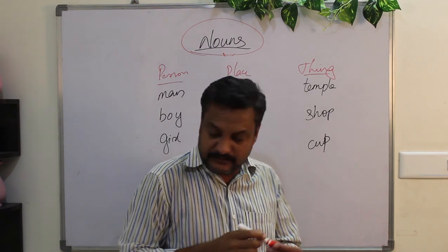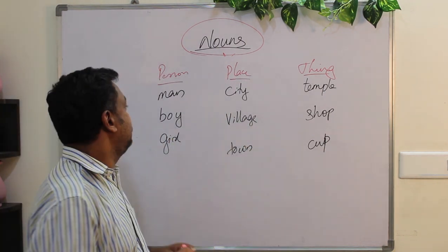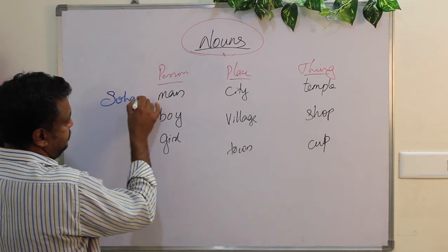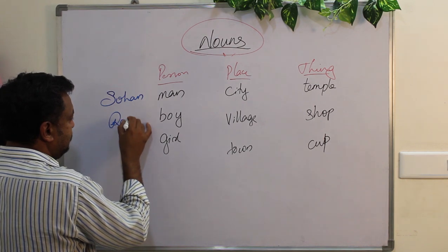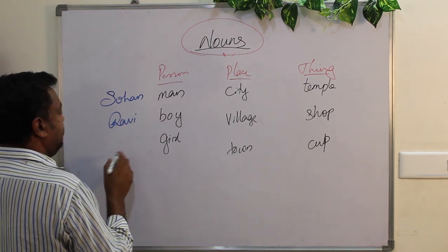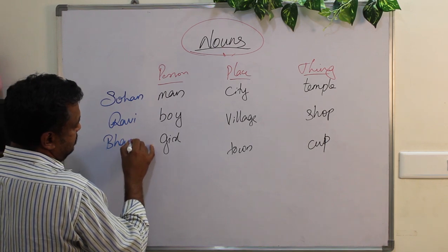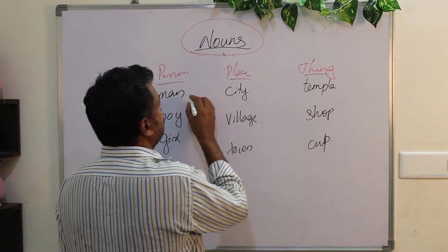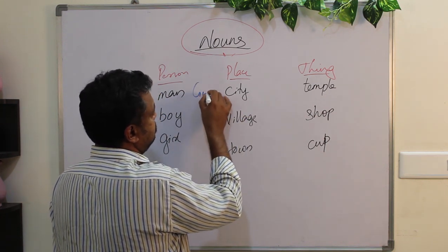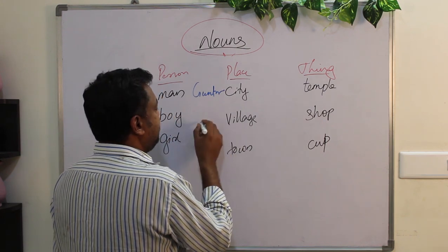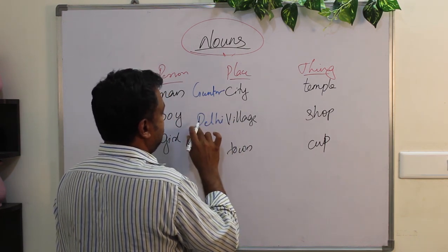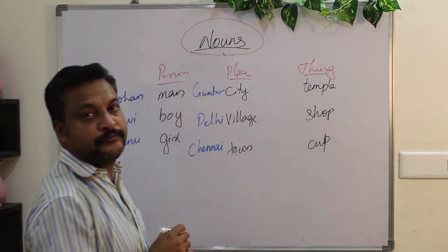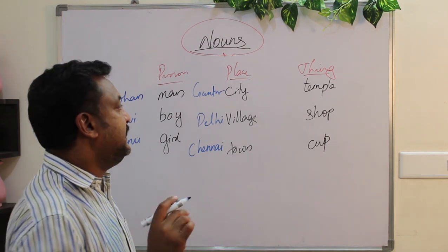At the same time, if I say Sohan or Ravi or Bhanu, they are also names of persons. If I say Guntur, Delhi, or Chennai, they are names of places.